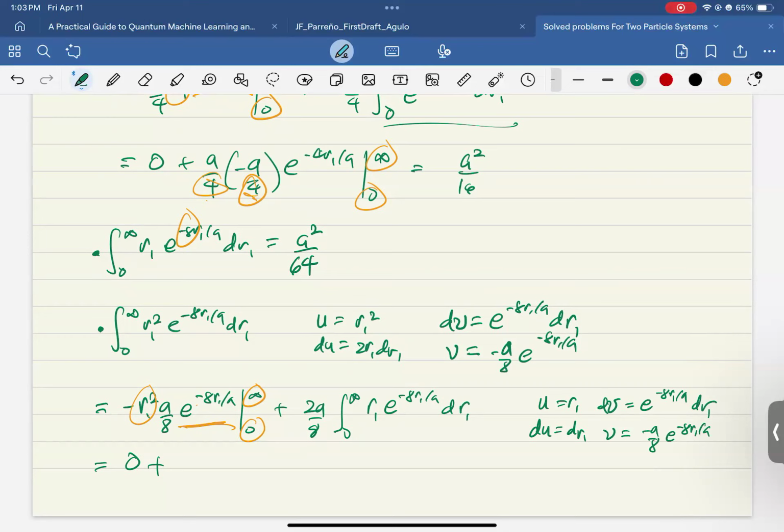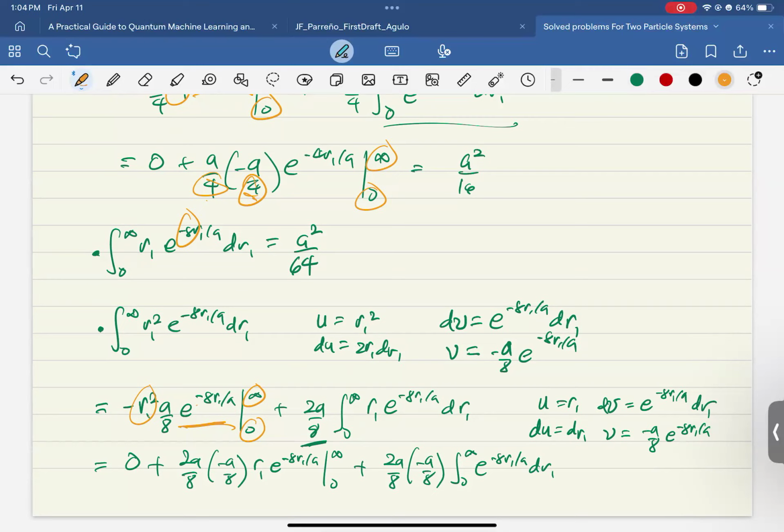Okay, so plus, first term is, remember may coefficient dito. So 2a over 8 times negative a over 8 ng R1 exponential negative R1 over A from 0 to infinity, plus 2a over 8 negative a over 8 integral from 0 to infinity na exponential negative 8R1 over A dR1.